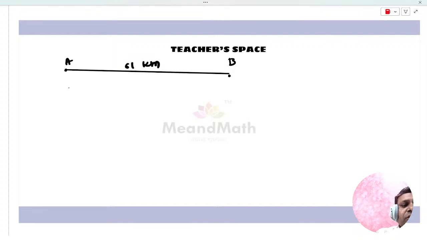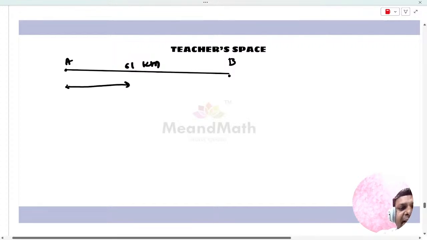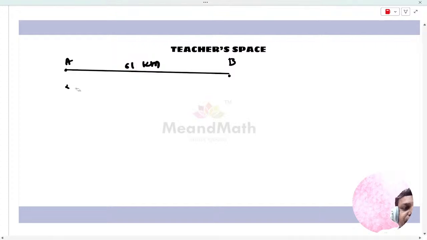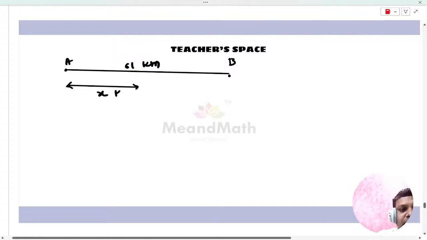Let's suppose he traveled x kilometers by foot and 61 minus x kilometers on bicycle.